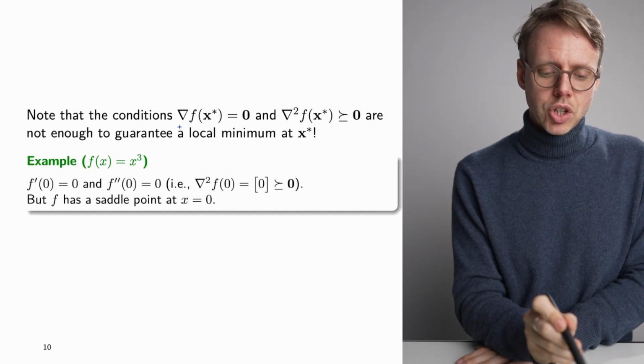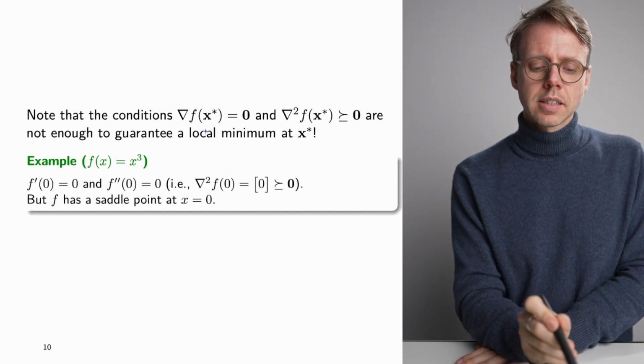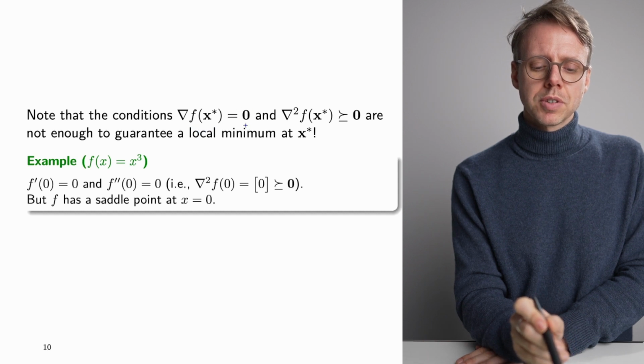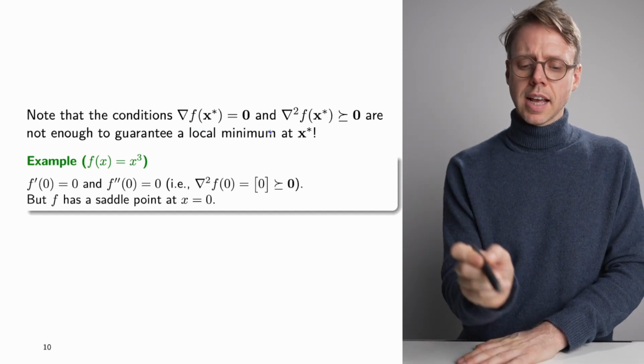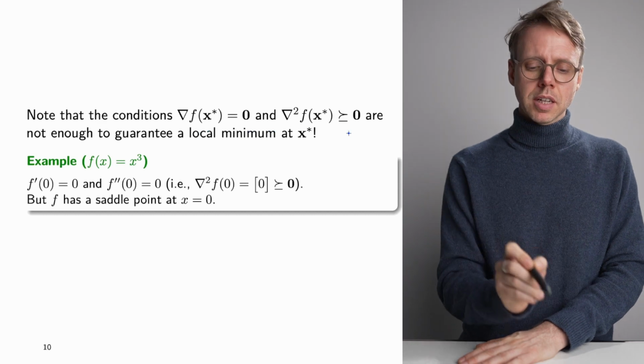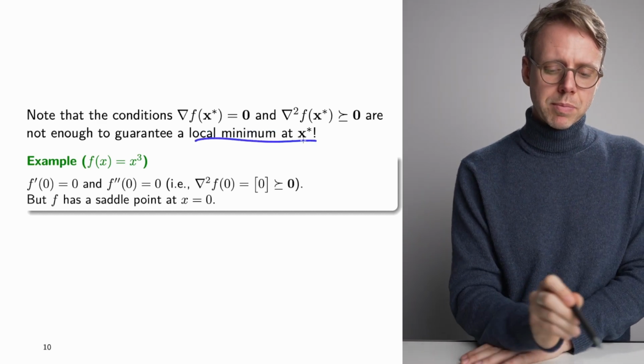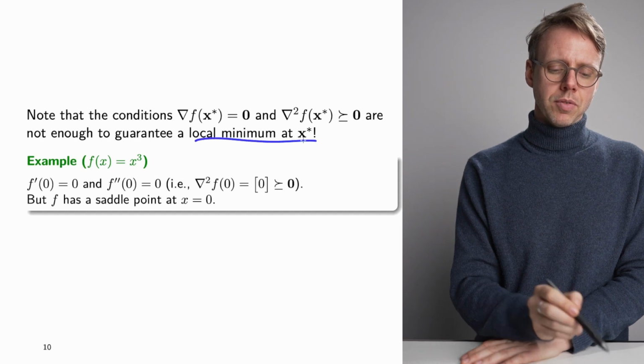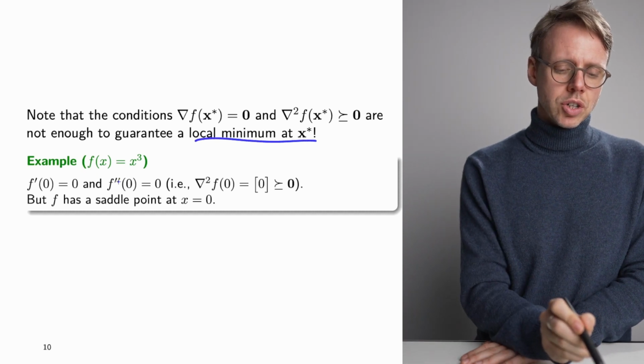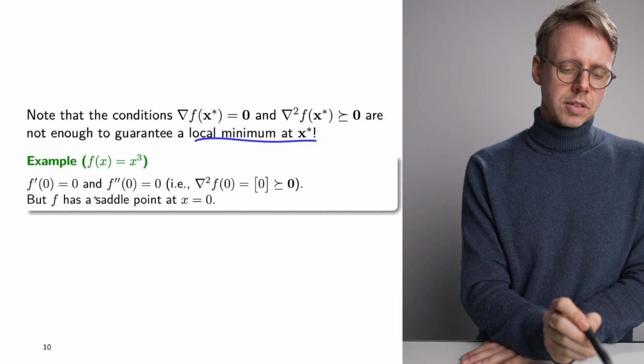So if we just know that the gradient at a point x star is equal to 0, so the gradient vanishes, and that the Hessian is positive semi-definite at this point, we cannot yet conclude that we have a local minimum at x star. For example, let's look at the function f of x equals x cubed.